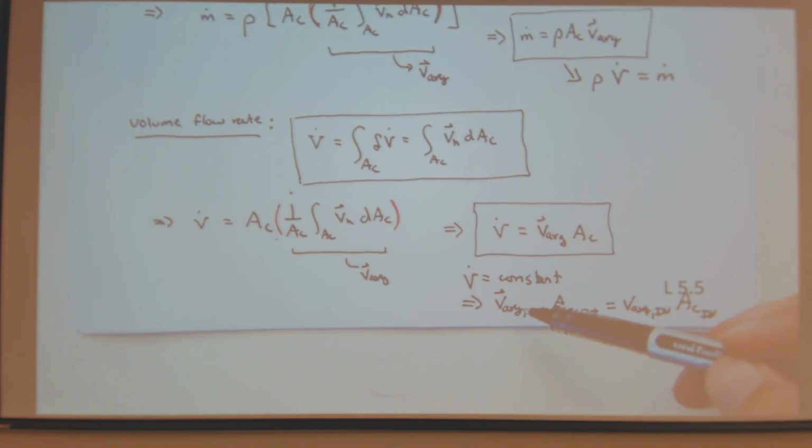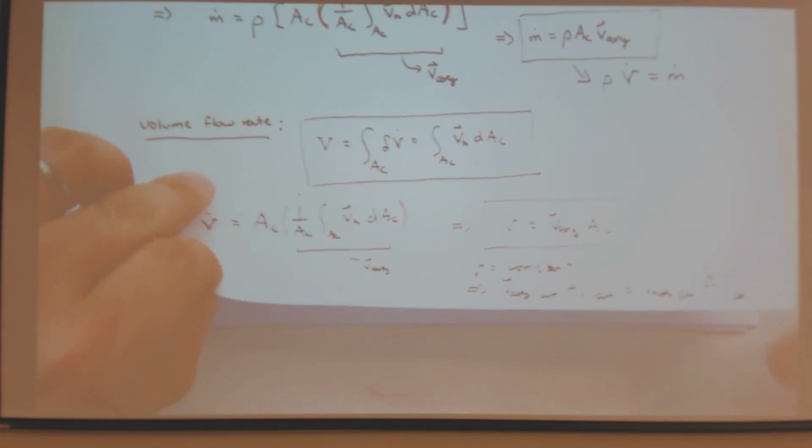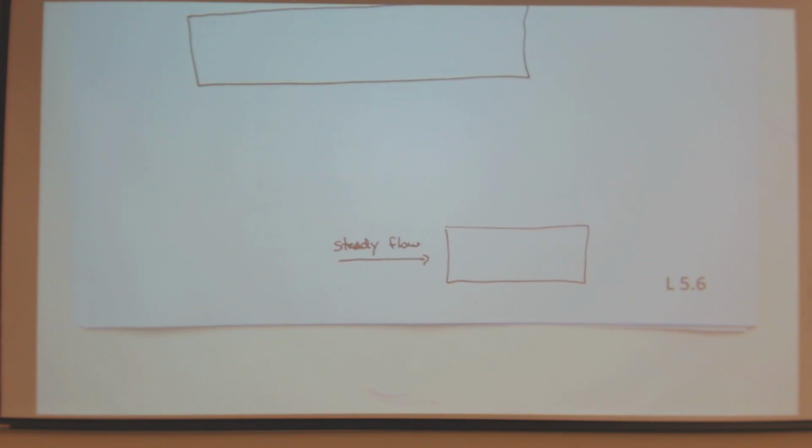So this could be V1 times A1 equals V2 times A2. A lot of glossy eyes. Good. Stay with that for just a second.